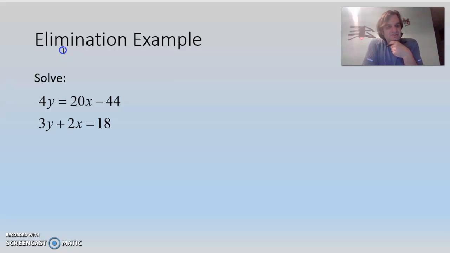So this one was 4y equals 20x minus 44, and the other equation was 3y plus 2x equals 18. It really doesn't matter where I put these things as long as they're lined up. But in the beginning, they're not lined up, because in the first one, the x and y are on different sides, and in the second one, the x and y are on the same side.